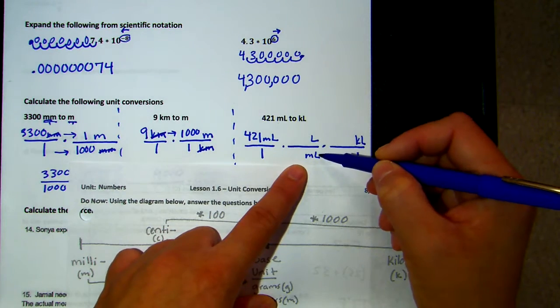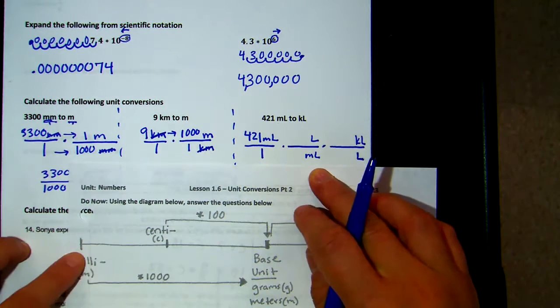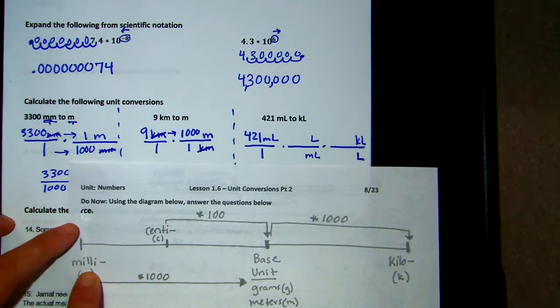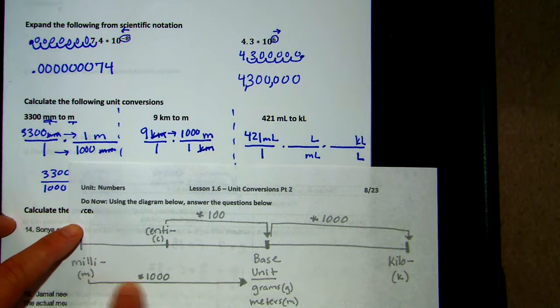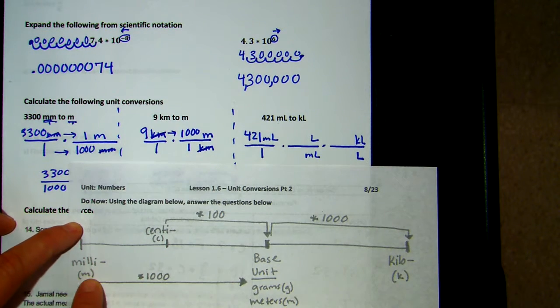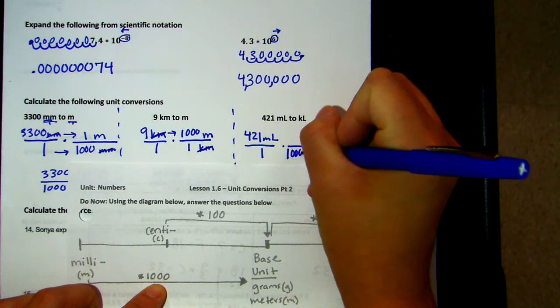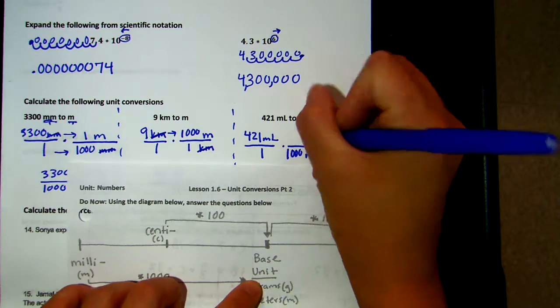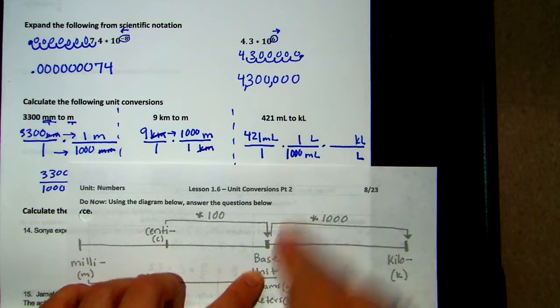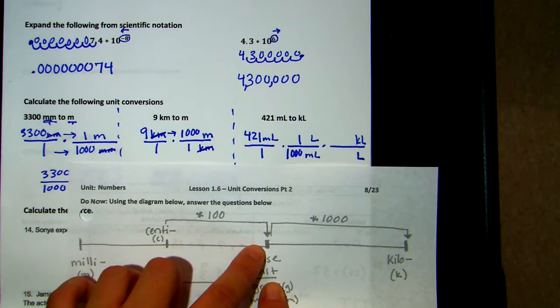Between liters and milliliters, milliliters is my smaller unit, so that's where I'm going to start. I start at milliliters, and to get from milli to our base unit of liters, there are 1,000 milliliters in 1 liter. Okay, so now we're at our base unit.